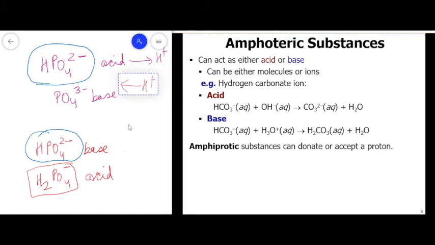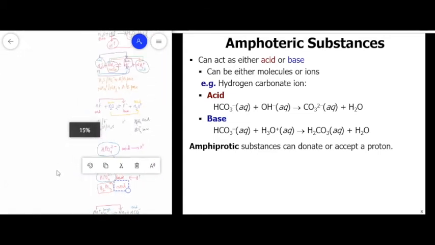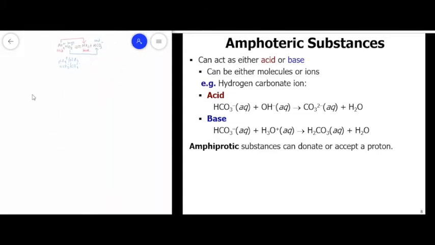For instance, in this example, we see this particular substance, HCO3 minus, reacting with OH minus to produce CO3 2 minus and water.